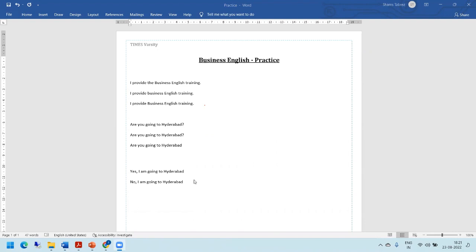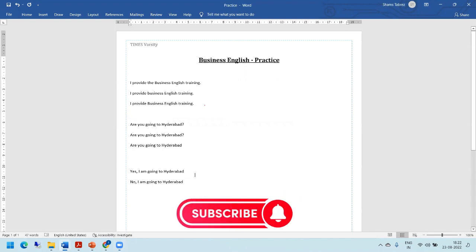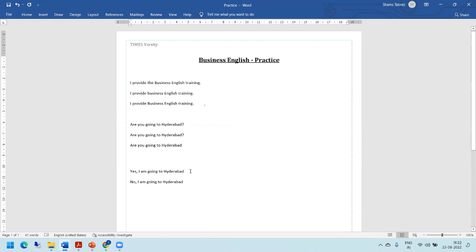Exclamatory statements. So here there is a question: are you going to Hyderabad? Then the answer to this question, let's say somebody asked me, and I reply with this sentence. So the first sentence is, yes, I am going to Hyderabad. Now please tell me whether this sentence is correct or not. If it is correct, then why? If it is incorrect, then why?